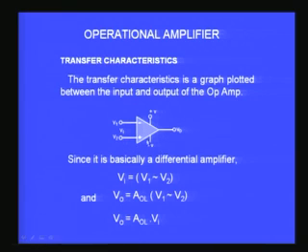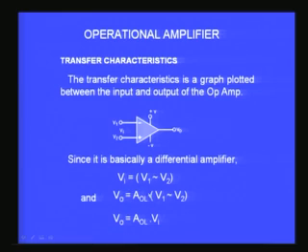Because we all know by now that the operational amplifier is basically a differential amplifier, therefore the input voltage which is available between the two input terminals, the Vi, is nothing but the difference in voltage between V1 and V2. So the output voltage is equal to the gain of the amplifier, which I indicate here as AOL, multiplied by the exact input voltage Vi, or in this case V1 minus V2.